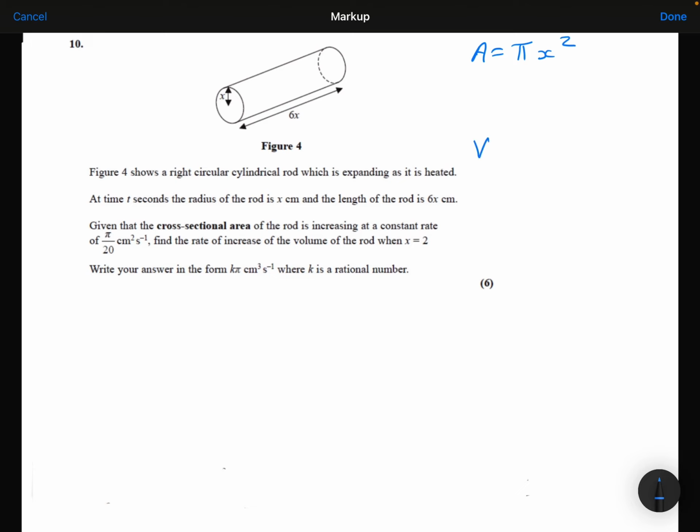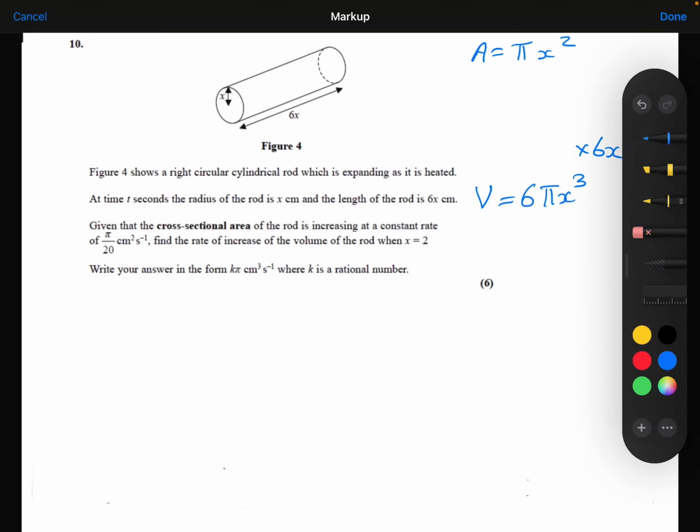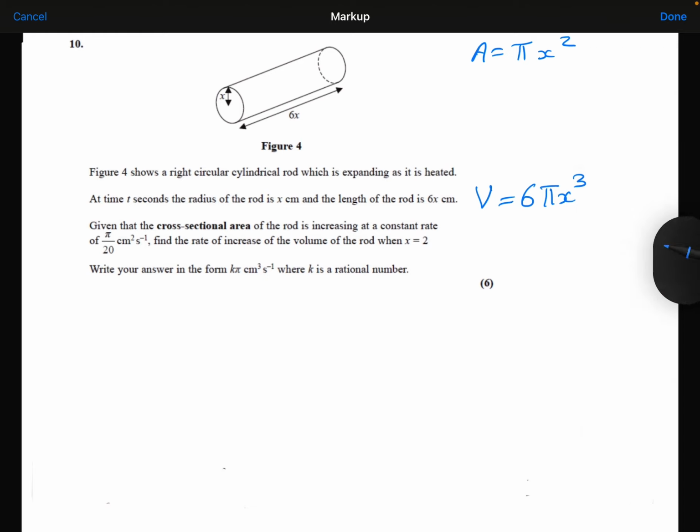I could say that the volume of this prism is the cross-sectional area times the length, which would simplify to be 6 pi x cubed. So I've got a couple of expressions there for the area and the volume with respect to x.